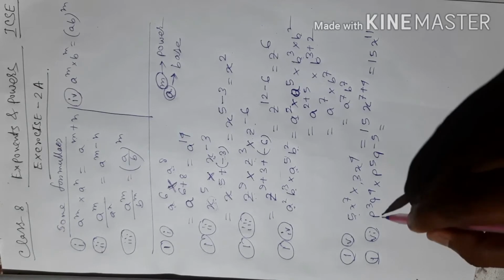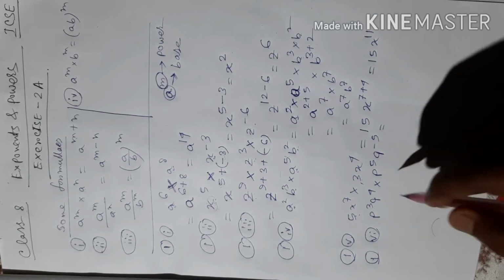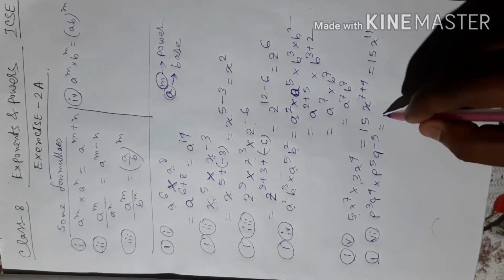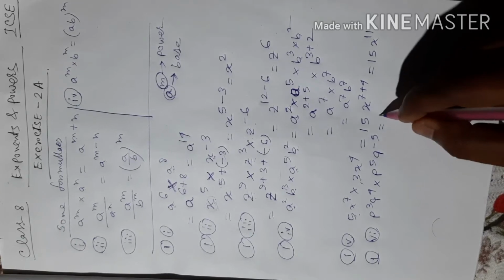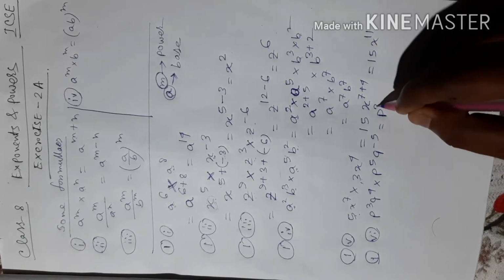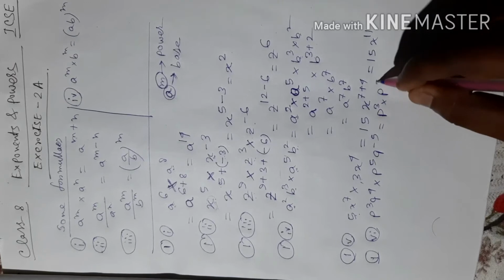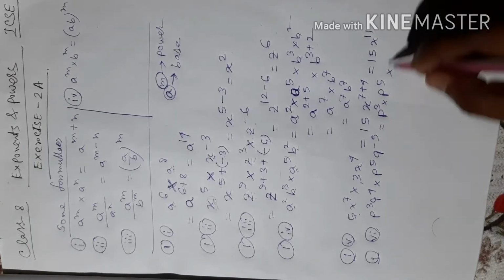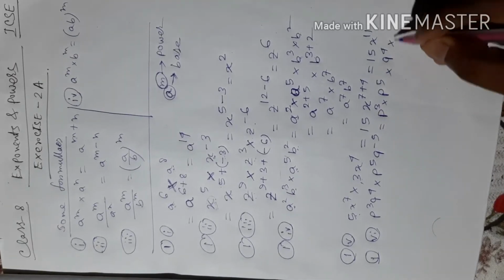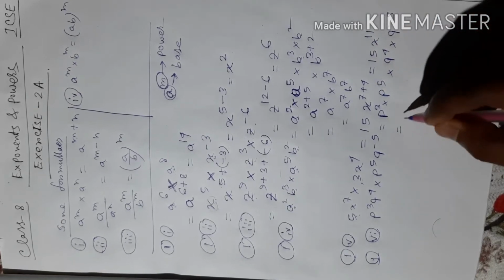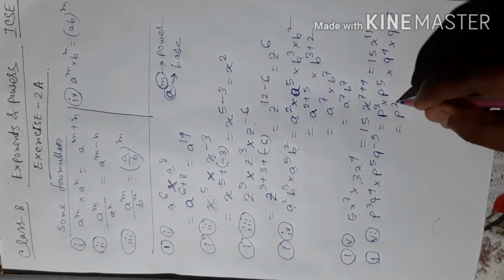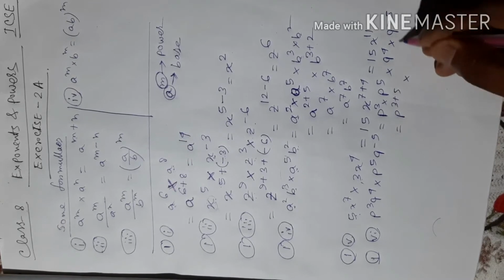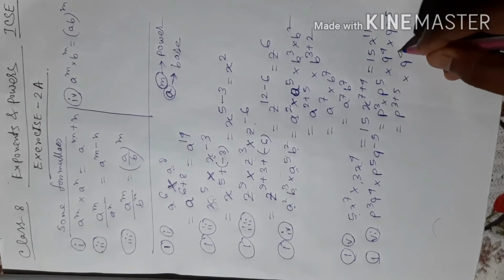So here we can see different base terms, different bases. So we write the similar base together, and the other similar base we write together. For similar bases the power must be added, and here there are two similar bases, so the power must be added.